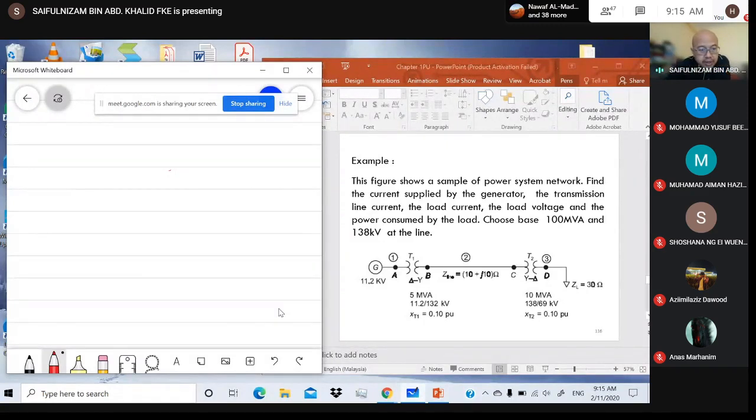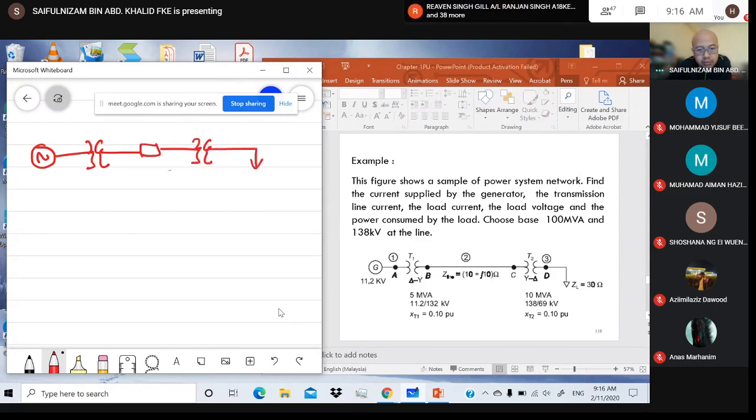Before we start, I hope you can understand the question very well. So you can draw the single line diagram, the one line diagram.